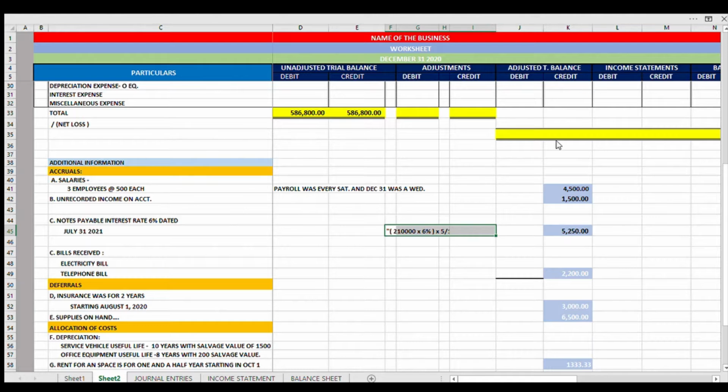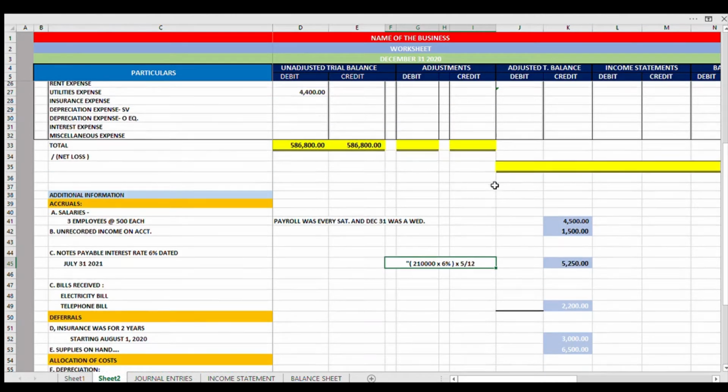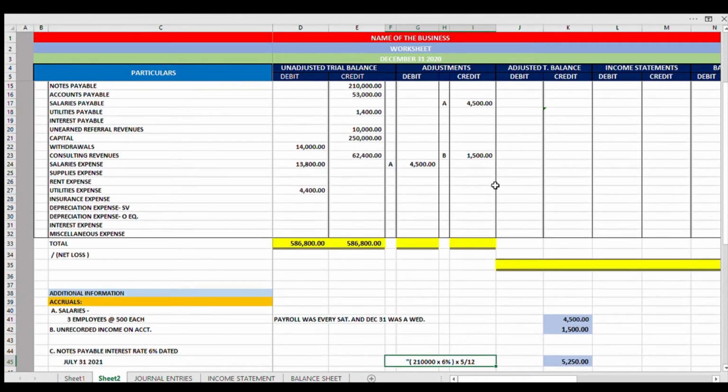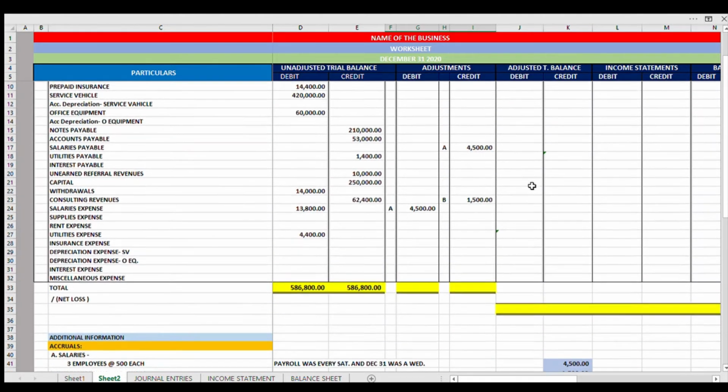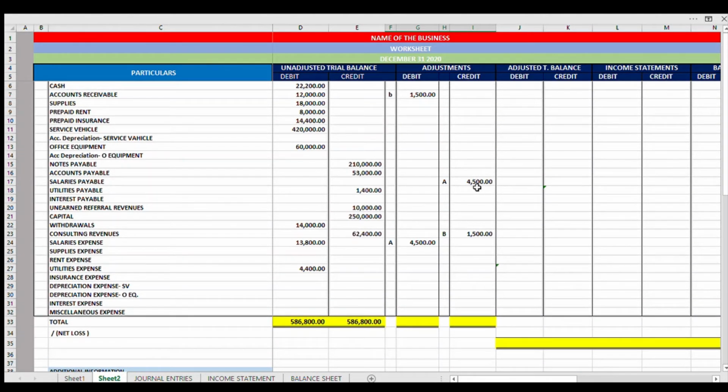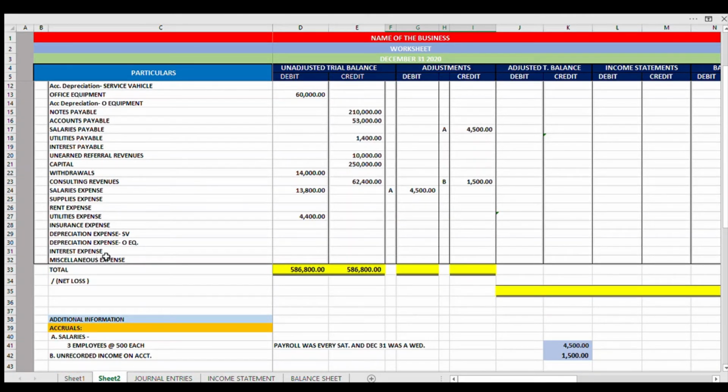Okay, yan, so 5,250. So we will now enter this into the worksheet. Okay, so ang ating kinuha ay interest payable, okay, and interest expense. So, under the adjustment, no, we will now record this.